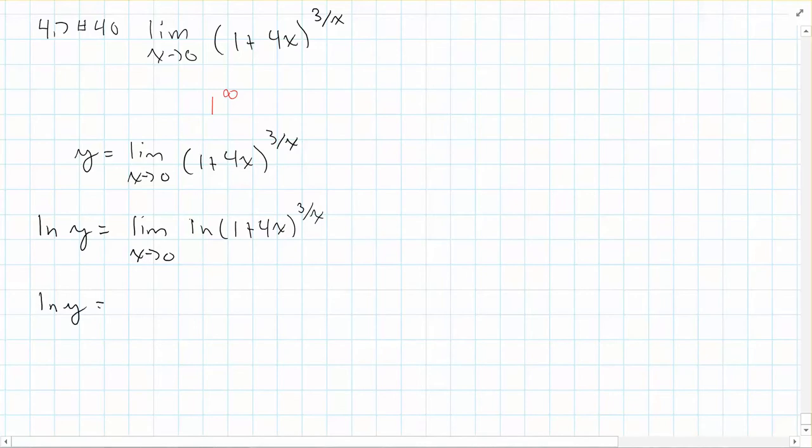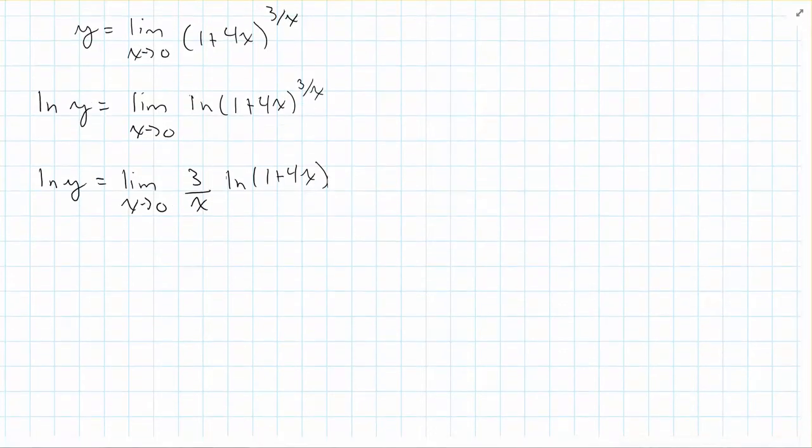Then you do the natural log, and then you would bring that down in front. But then again, because this is already 3 over x and you bring it down in front, you actually don't have to rewrite everything because you've already now got it in a nice form for yourself.